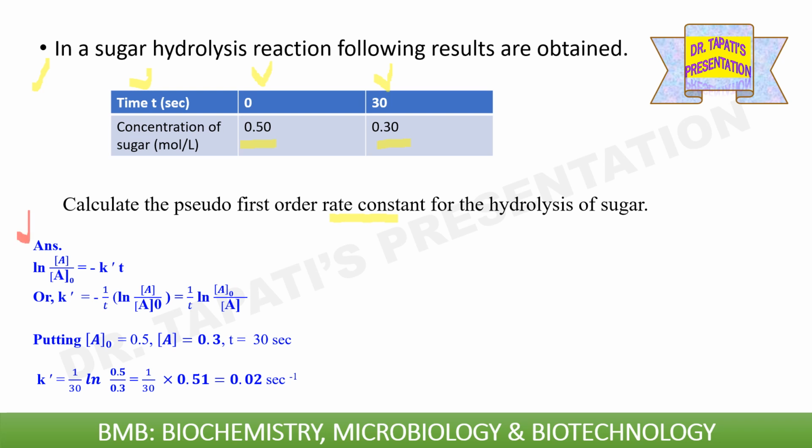Now we know that equation for pseudo first order reaction is ln A by A0 is equal to minus K prime t, or we can write K prime is equal to minus 1 by t into ln A by A0, that is equal to 1 by t ln A0 by A. So if we put A0 is equal to 0.5, A is equal to 0.3 and t is equal to 30 seconds, then we will find that K prime is equal to 1 by 30.